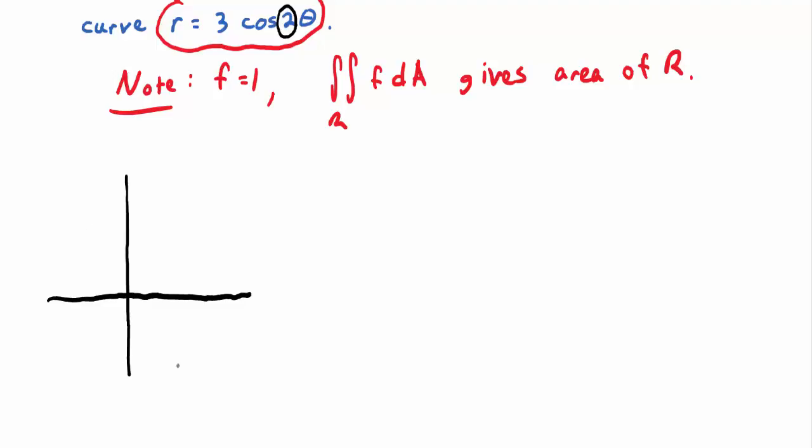Here's my plane, and then I'm going to plot a few points r, theta to get an idea of what 1/2 of a petal of this rose curve looks like. I'm going to start with theta equals 0. Let's see, what's going to bring you back to a radius of 0?